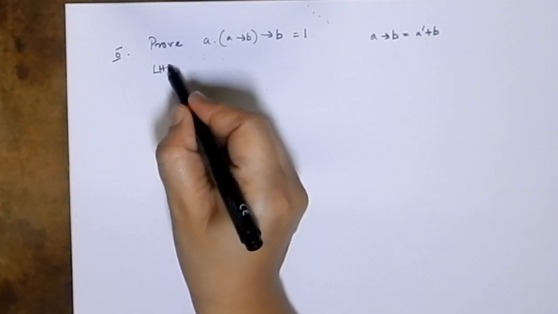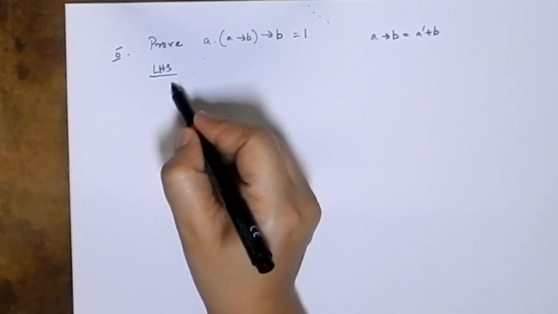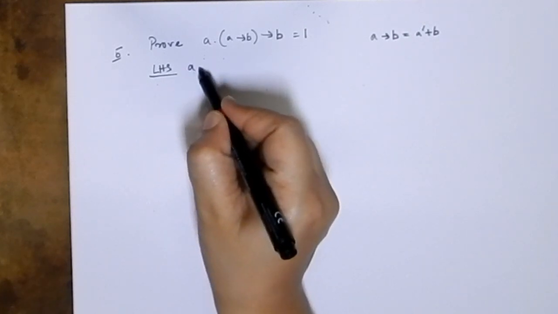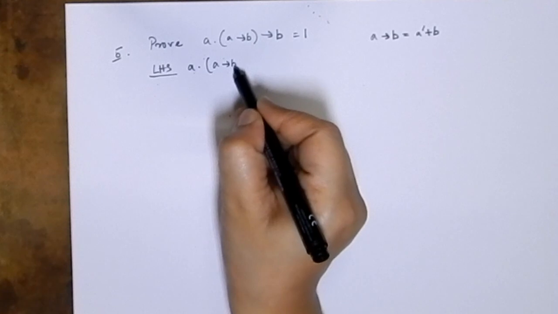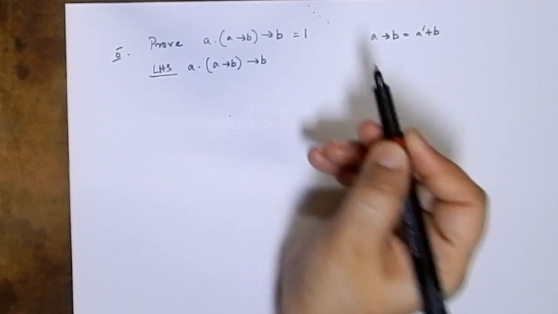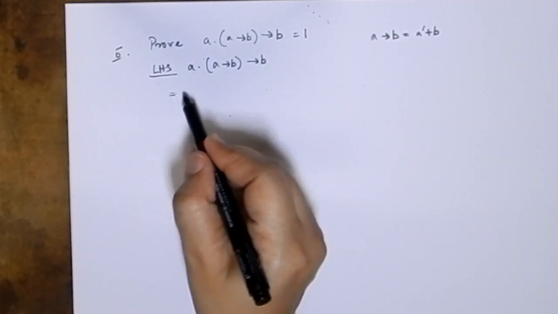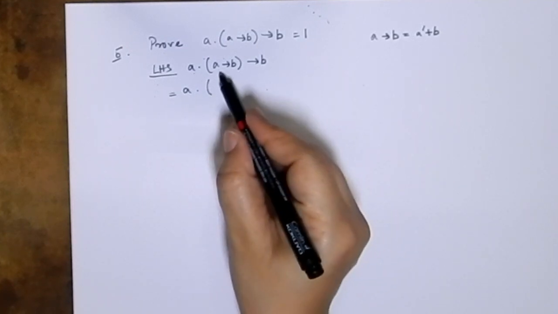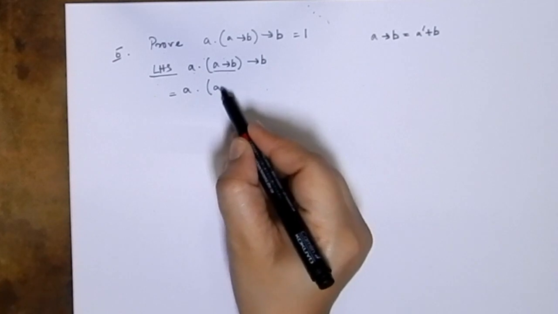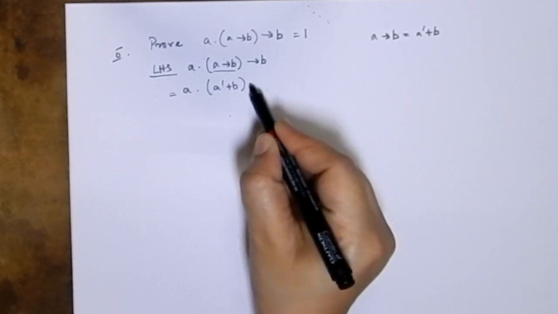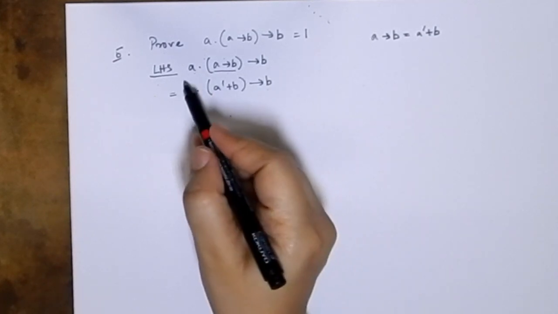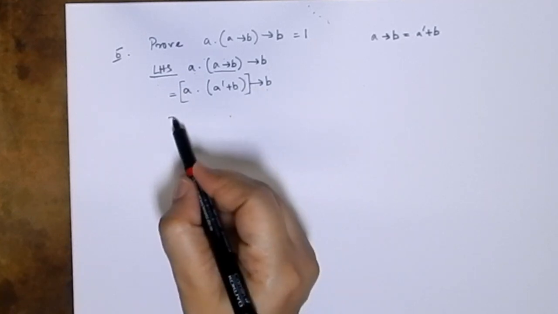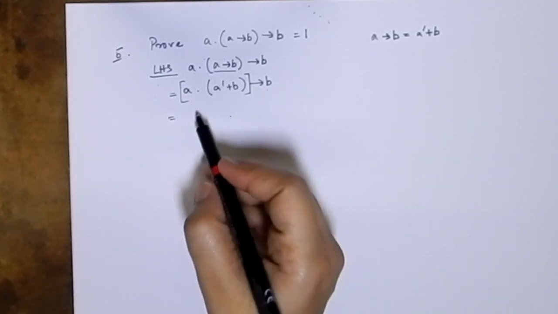So let's start with the LHS: A dot (A implies B) implying B. One by one I'm going to open the expression. For this one, first I'll write A dashed plus B, and I will keep this in this form. Basically, this is the antecedent and this is the consequent.